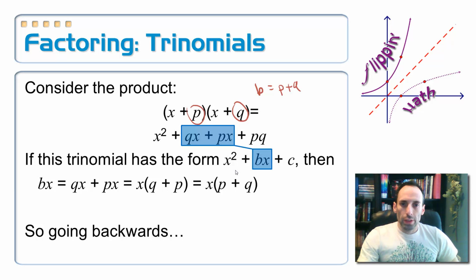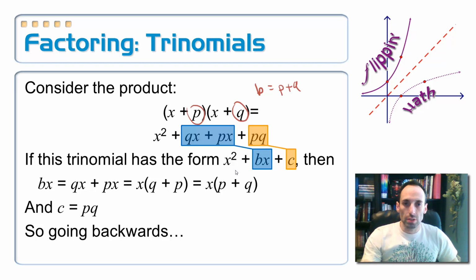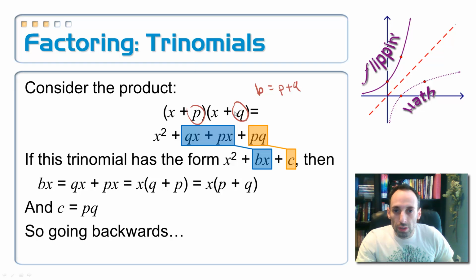And the only place that the c could come from is p times q. That means c is just p times q. If I multiply these two things together, that's going to give me my c.